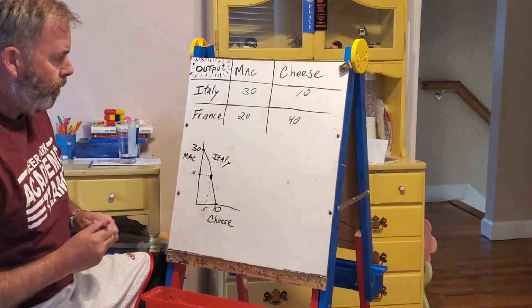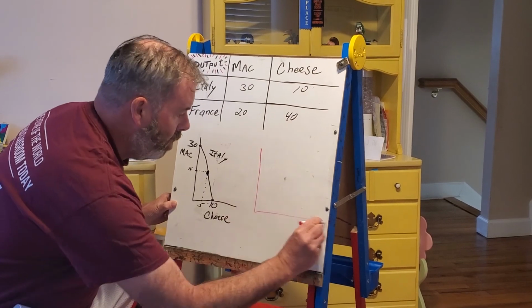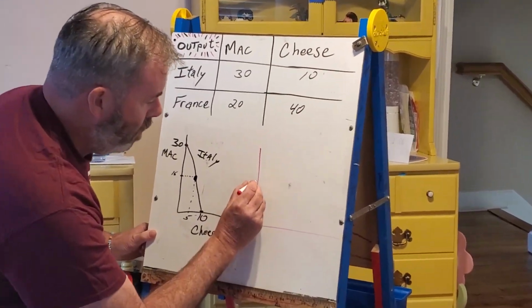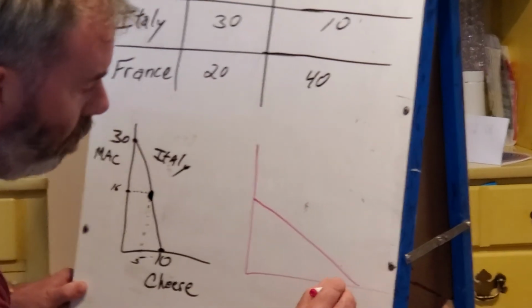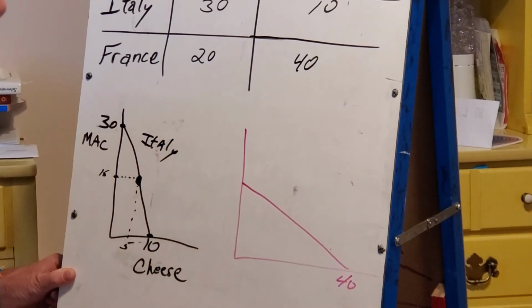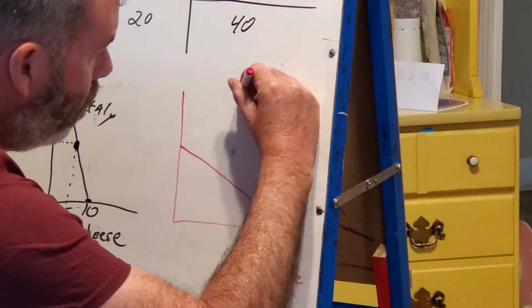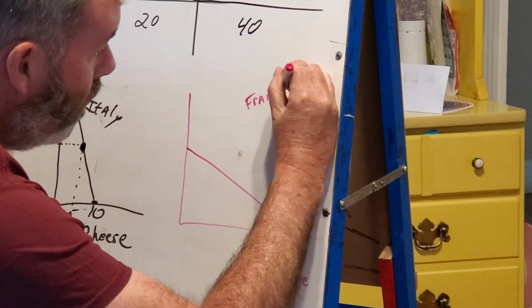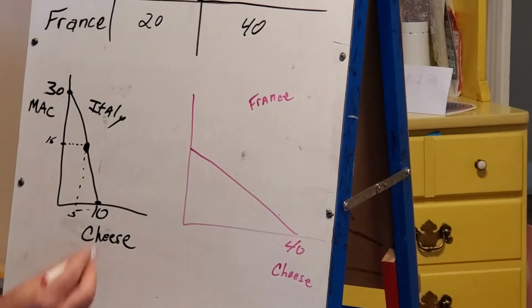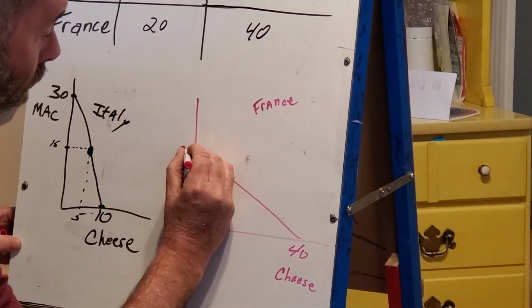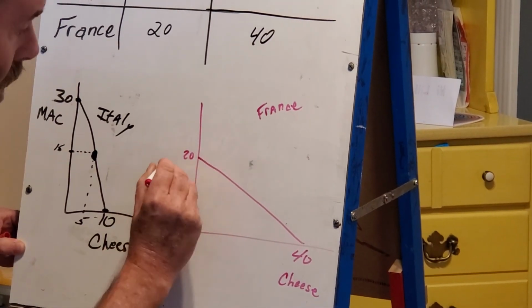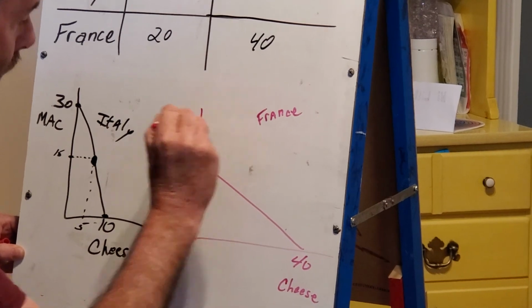All right, let me just draw for illustrative purposes. Let's have a look at France. Now, France can produce 40 units of cheese, and we'll call this one France. France can produce 40 units of cheese, or at best 20 units of mac.